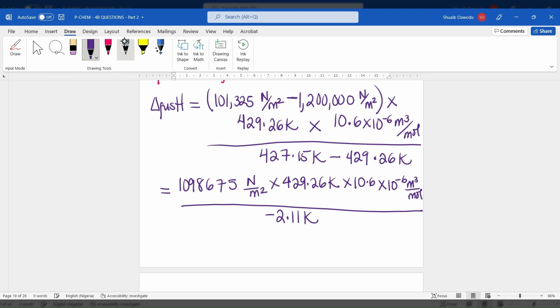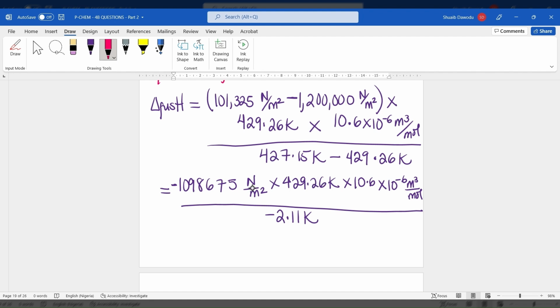I actually just realized I made a little error. Of course, 101,325 minus 1.2 million is going to give you a negative number, since 101,325 is actually less than 1.2 million. So I'm supposed to add a negative here, which I genuinely forgot to write, but thank God I caught it quick.